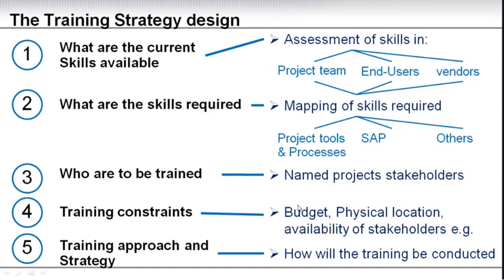I'll be happy to share templates about training strategy with you. Please ping me in the forum, and we can discuss it in more detail. There will also be some downloadables about training. We will have a training plan that you can download, but the strategy itself comes in many forms. So I'll help you through that in the forum.